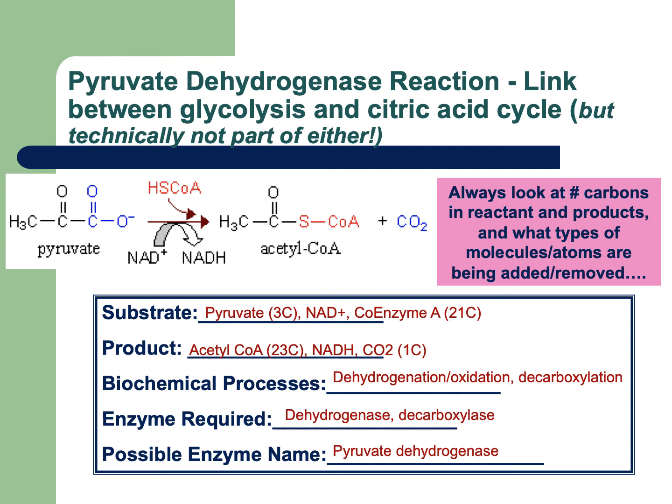The biochemical processes are dehydrogenation or oxidation, and because we are releasing CO2, a carbon group, it's called decarboxylation. So the 2 types of enzymes required would be a dehydrogenase and a decarboxylase. The possible enzyme name for this one is pyruvate dehydrogenase.